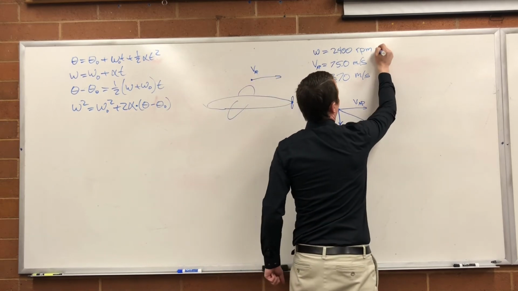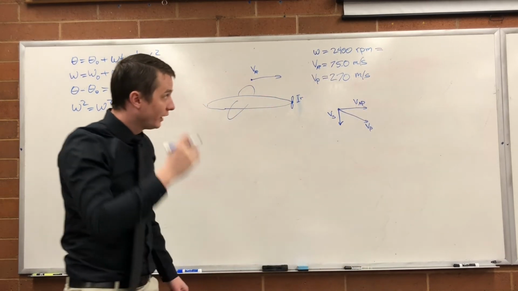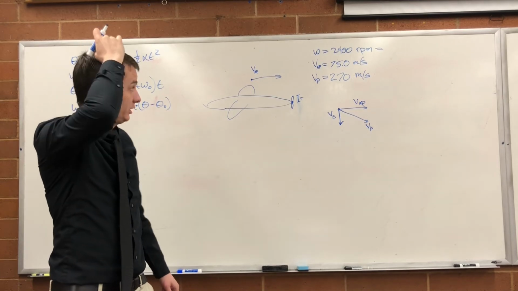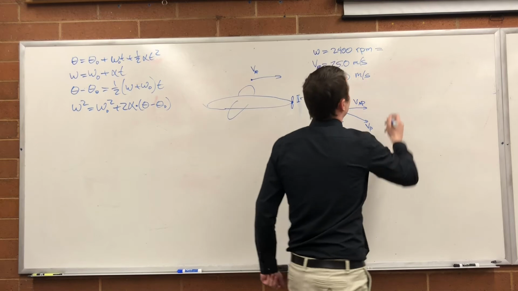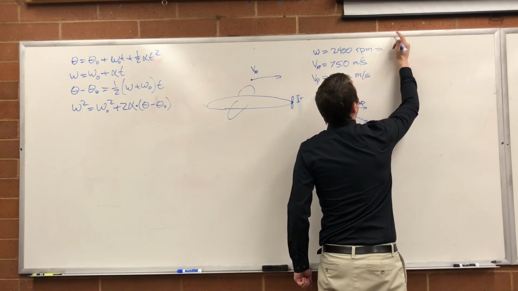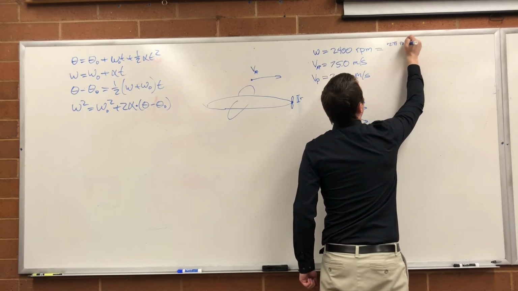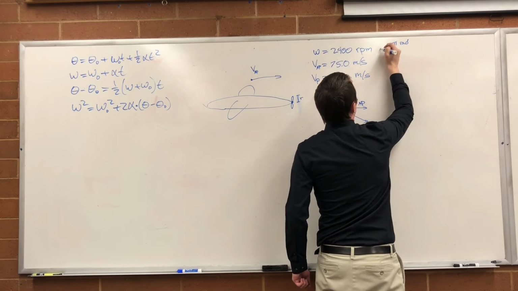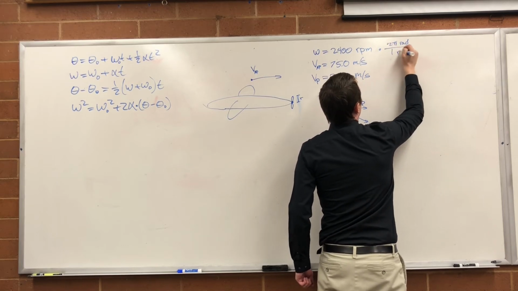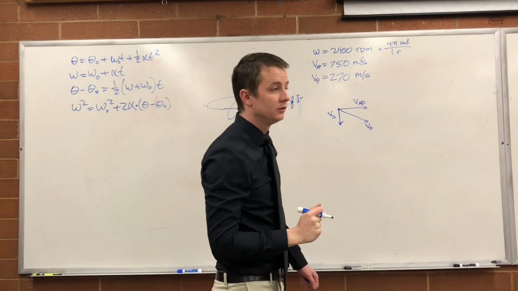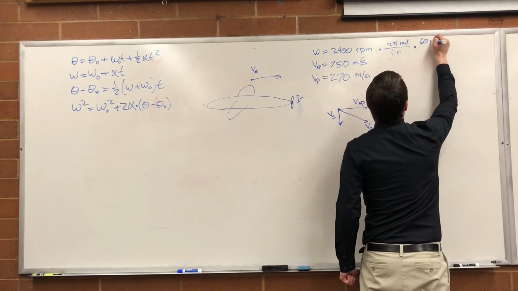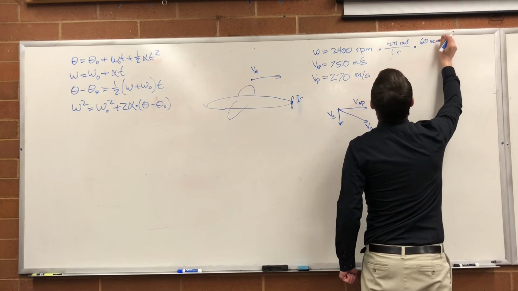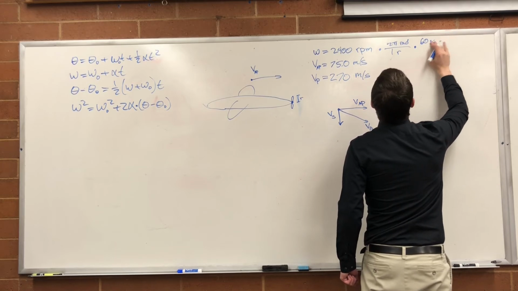And let's convert this really quick. So 2,400, if that's revolutions per minute, I want to convert that to radians per second. So first let's get rid of the revolutions. We have 2 pi radians. I'm going to multiply 2 pi radians by 1 revolution, right? And then I'm going to multiply that by 1 minute per 60 seconds.